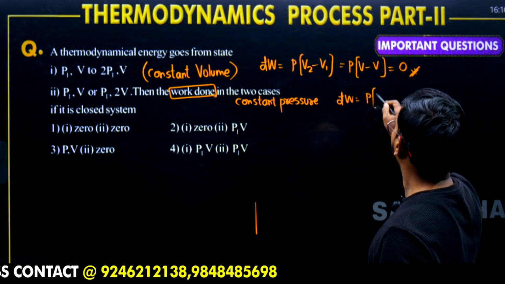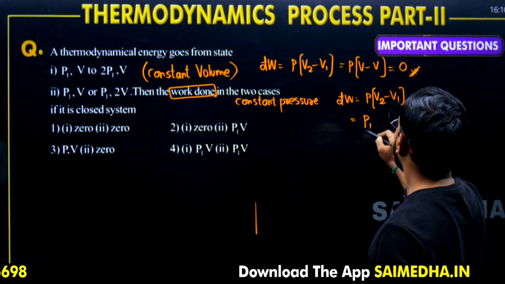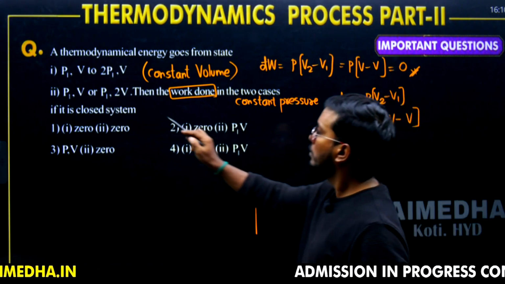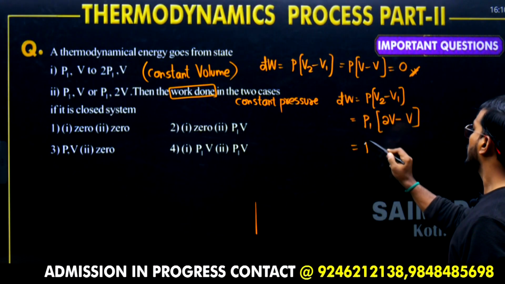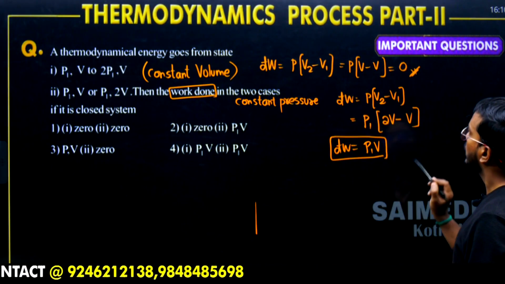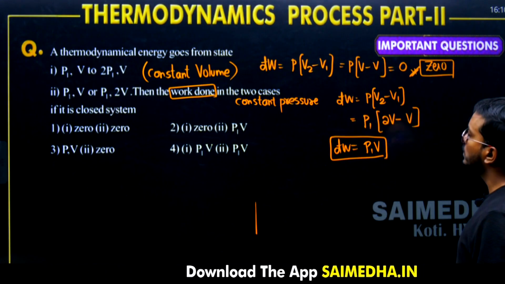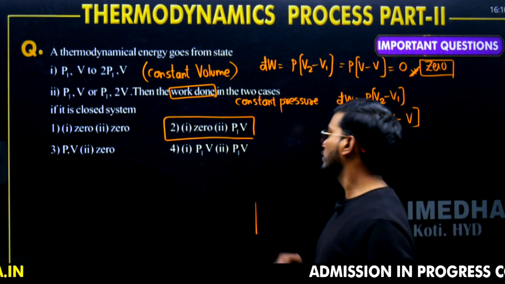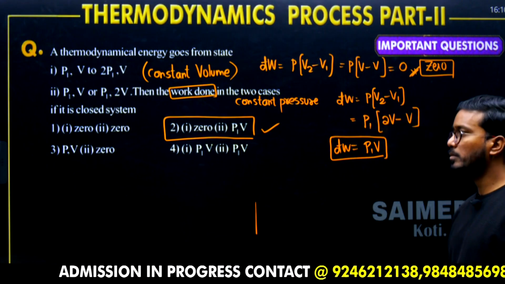The formula is P into (V2 minus V1), where pressure is P1, V2 is 2V, V1 is V. 2V minus V is V. So this is P1V. This is the second work done. The first work done is 0. The second work done is P1V. So what is the correct answer now? 0 and P1V is the correct answer, which is given in option number 2. Expected question in the examination.